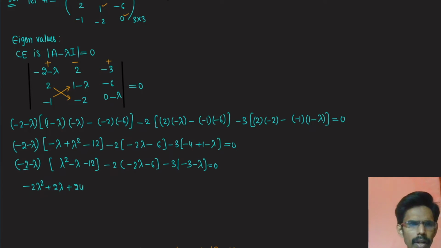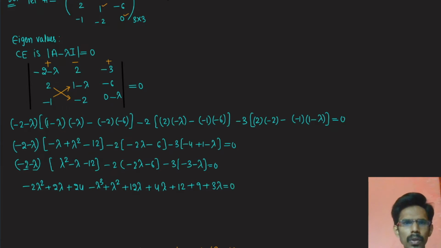Next multiply this minus lambda, then I have minus lambda cube plus lambda square plus 12 lambda plus 4 lambda plus 2 6s are 12 plus 3 into 3 is 9 plus 3 into lambda will be 3 lambda is equal to 0.